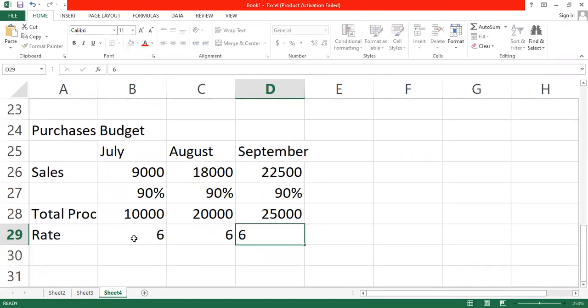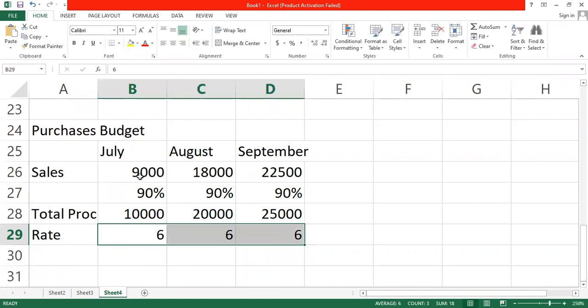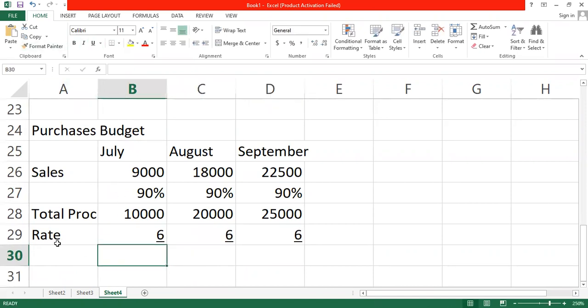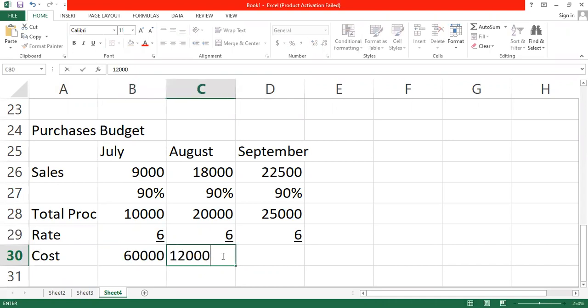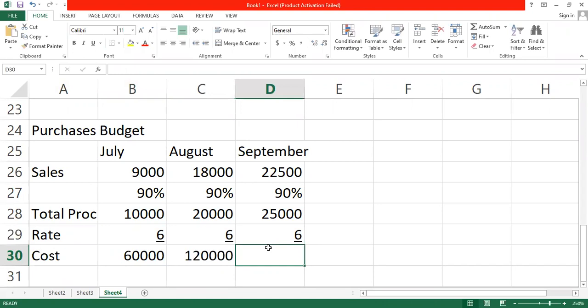So if you multiply, what will be the cost? 60,000. This will be 120,000, isn't it? And this will be 150,000.